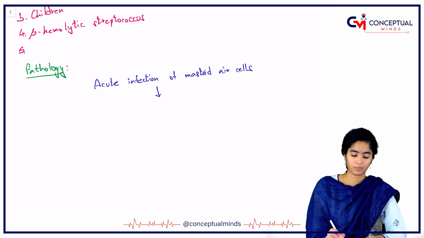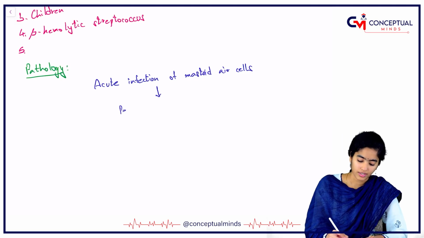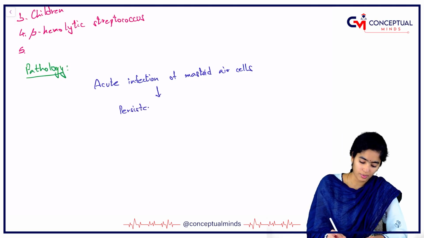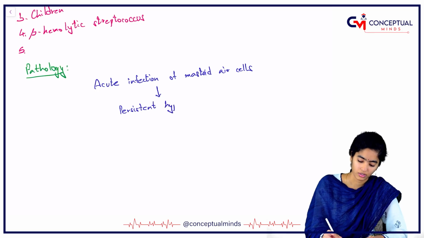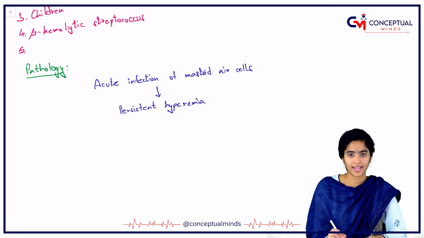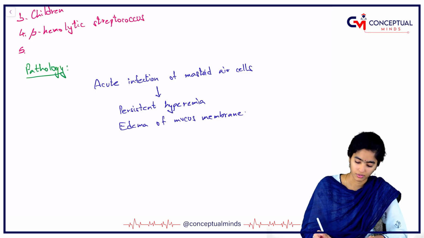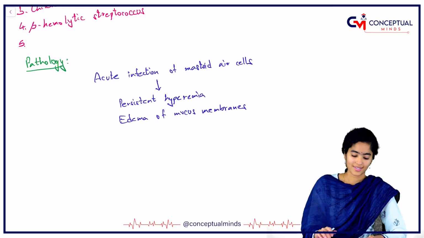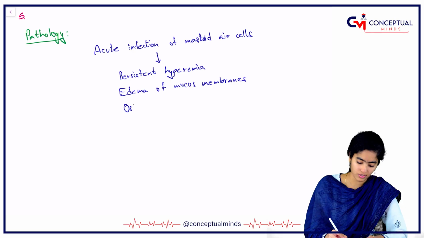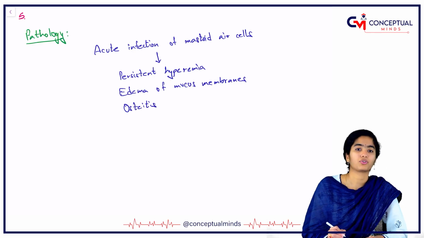What are some of the inflammatory changes? There is persistent hyperemia, congestion of blood. Then we have edema of the mucous membranes. Classic changes of inflammation. Plus, there is osteitis, inflammation of the bone.